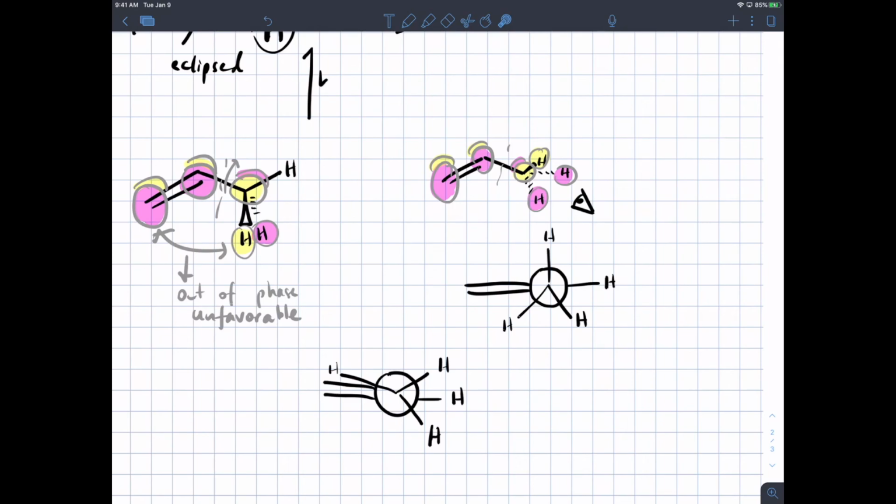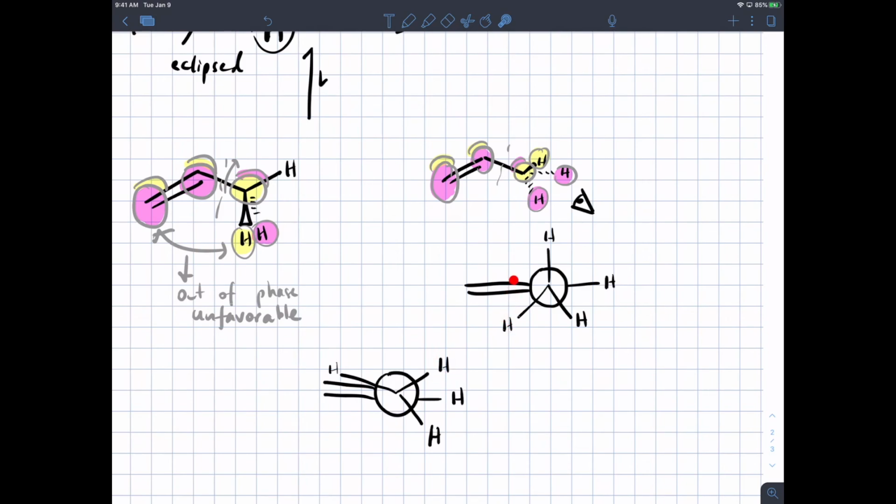My guess, if I had to guess, is that this more favorable conformation keeps the maximum amount of things apart.